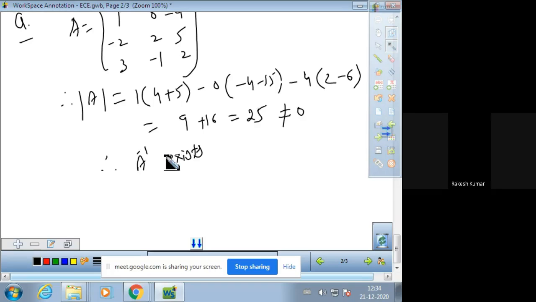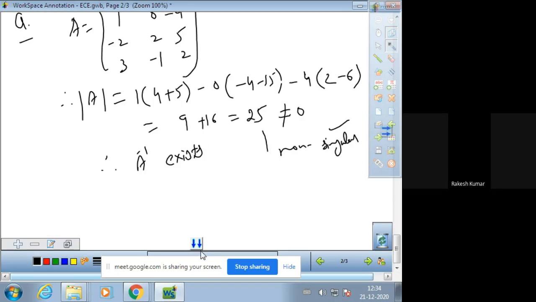Whenever the determinant comes out non-zero, it means A is a non-singular matrix. Remember, if A is a non-singular matrix, its inverse always exists.